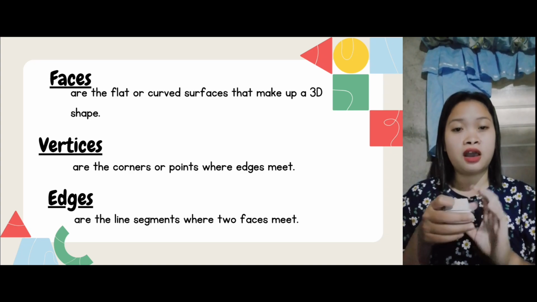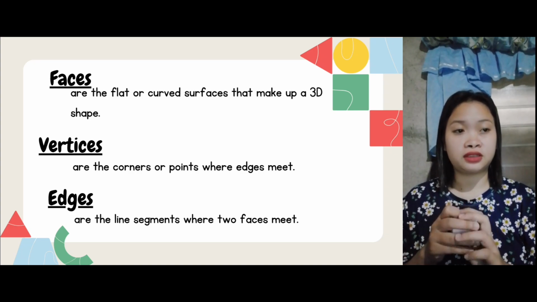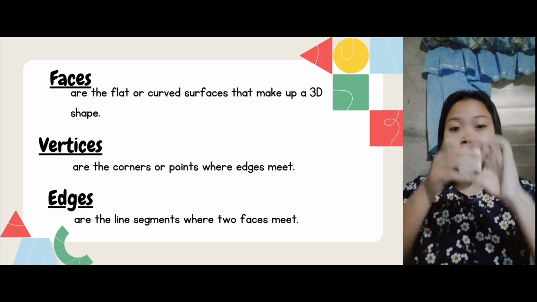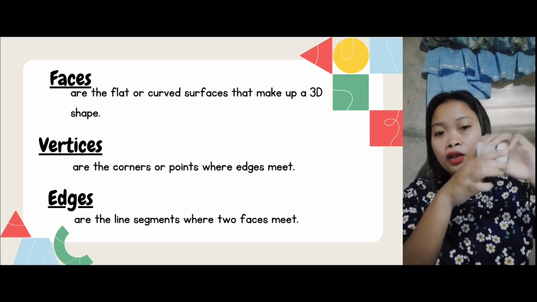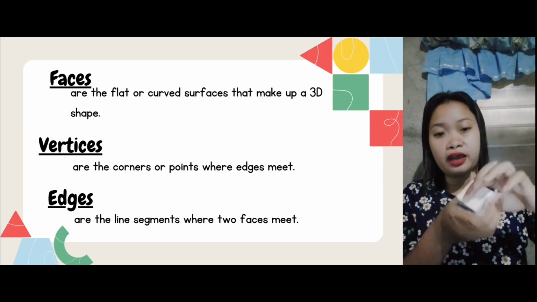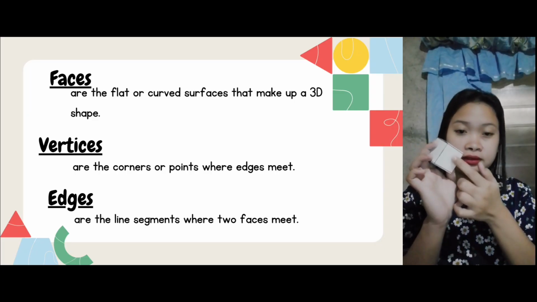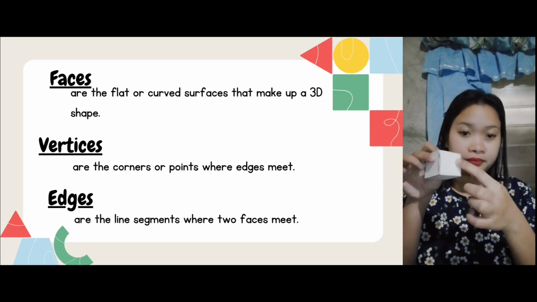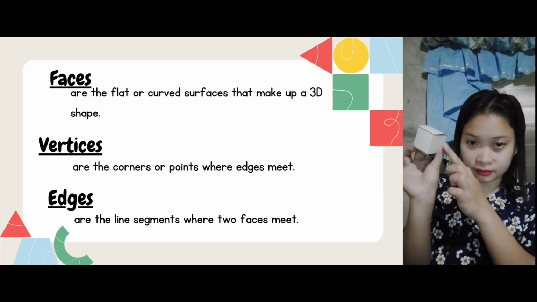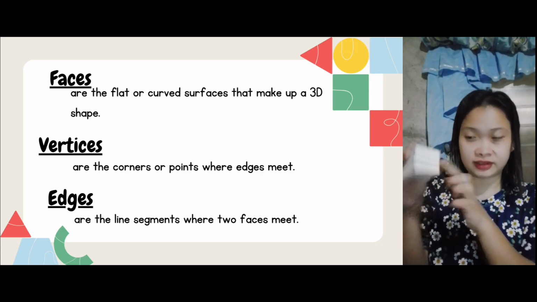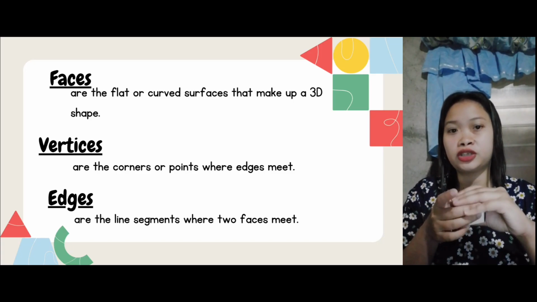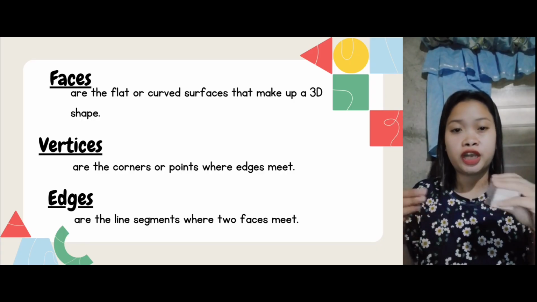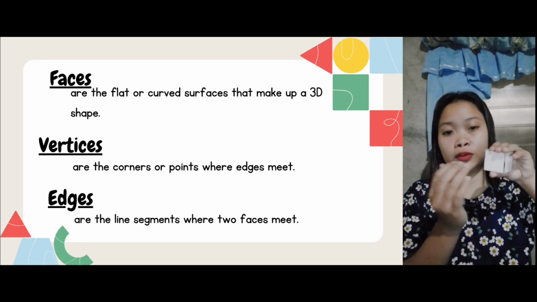So ang faces are the flat or curved surfaces that make up a 3D shape. So asa man diri, guys? So mao ni siya ang shape, guys. Kani. Kana. Mao na siya ang faces. Pwede na nato siya i-kuan as ang face kay mao na siya ang plane figure or shape nga inyong nakita.